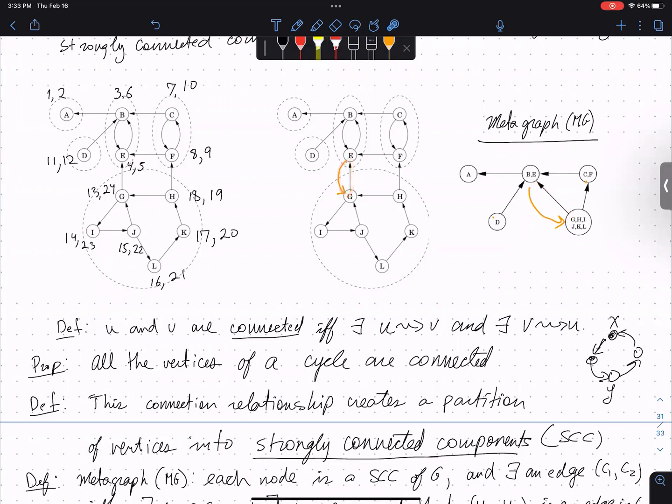So what that means is now we would be able to merge these two guys. Because remember, if we have a cycle between G and E, once we get into a component, we can go and visit everything in that component. And once we get in this component, we can visit everything in that. So having a cycle between G and E means that you actually can merge both of those.